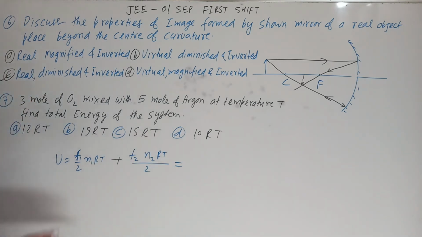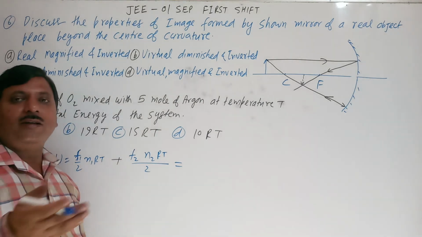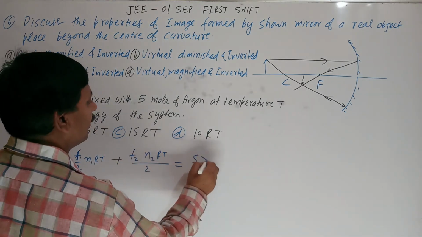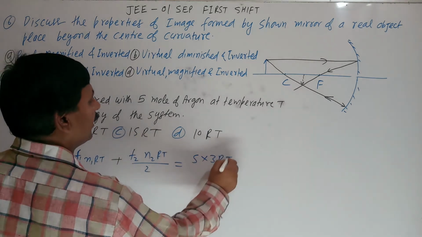For total energy, we can apply this formula directly. So for O2, how many degrees of freedom? 3 translational and 2 rotational, so the degree of freedom here is 5. N1 number of moles is 3, RT upon 2.